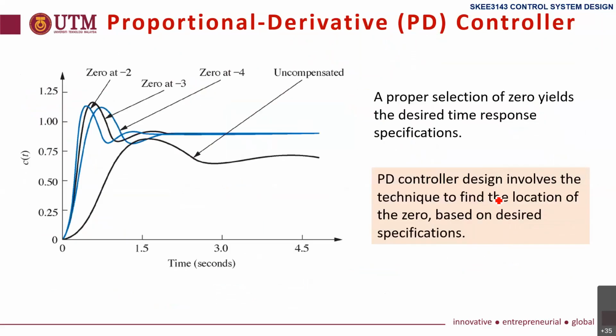These are the responses. When we add 0, the initial one is improved. Okay? It's faster, settling time is fast, small settling time, small TP, so it's very much faster than the original system.